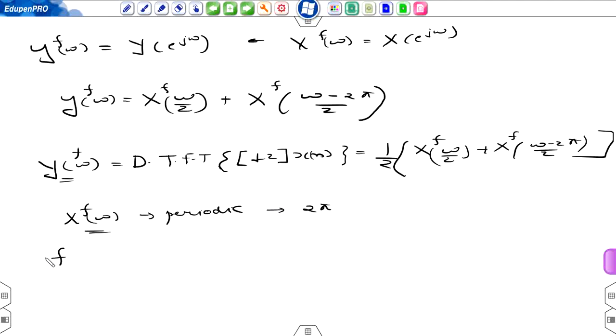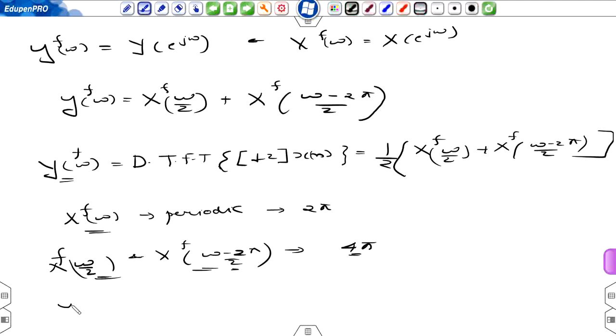And X(f omega/2) and X(f (omega minus 2 pi)/2) will also be periodic, but with a period of 4 pi, because 2 is in the denominator.